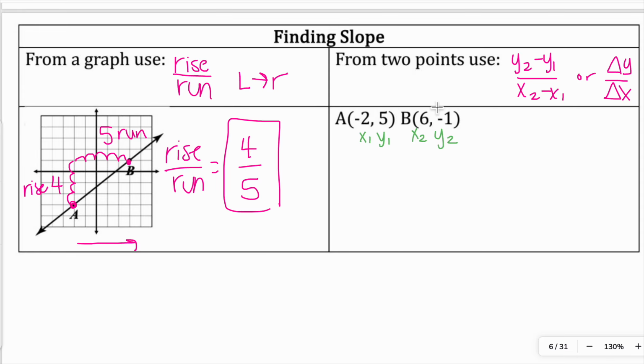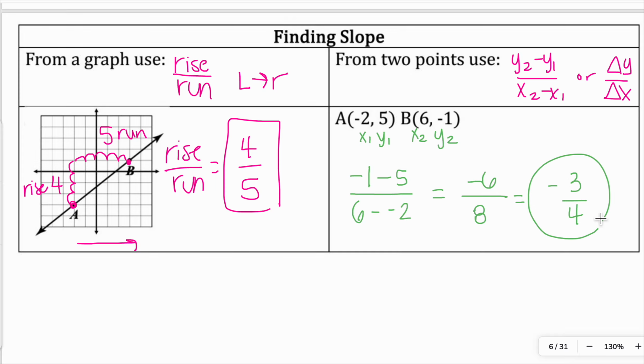So to do y2 minus y1, I'm going to do negative 1 minus 5 over x2 minus x1, 6 minus negative 2, being careful of my double negatives there. Negative 1 minus 5 is negative 6, and 6 minus negative 2 is actually equal to 8. Then I would simplify this as negative 3/4 for my slope.